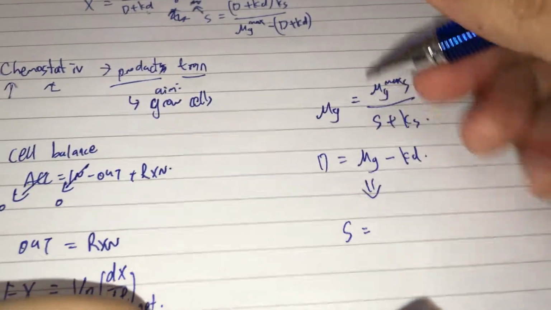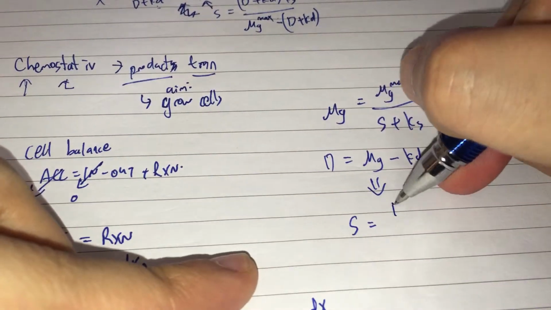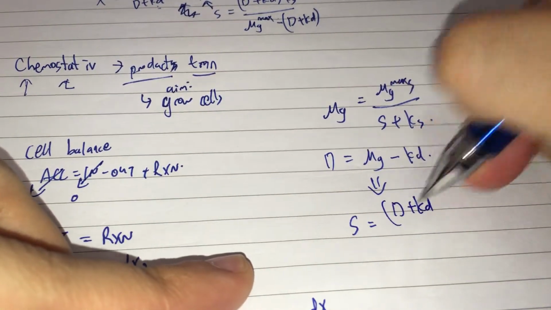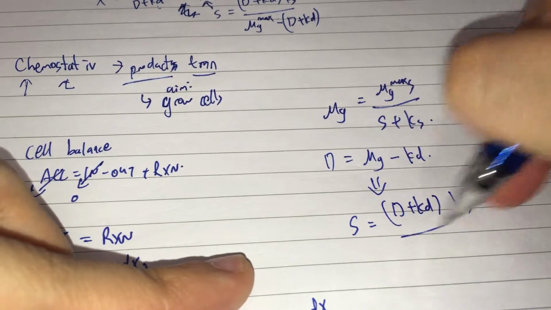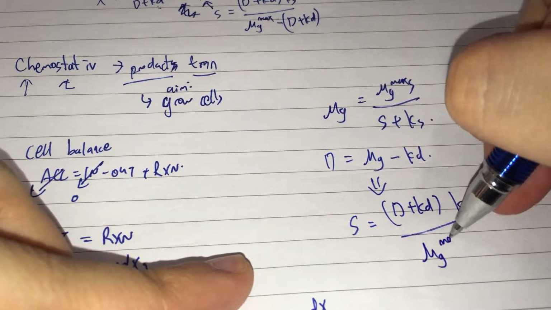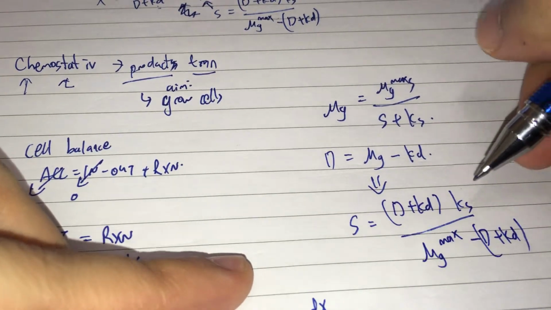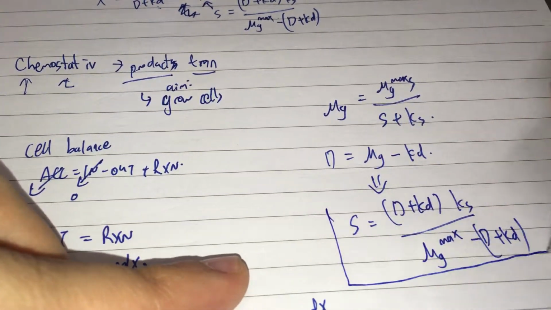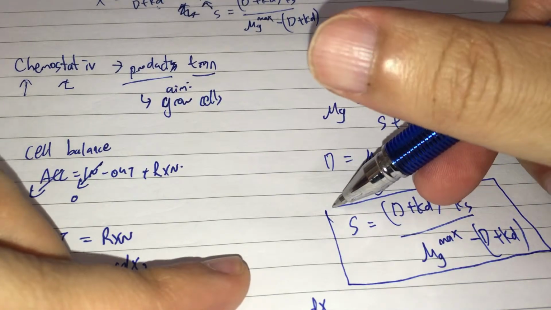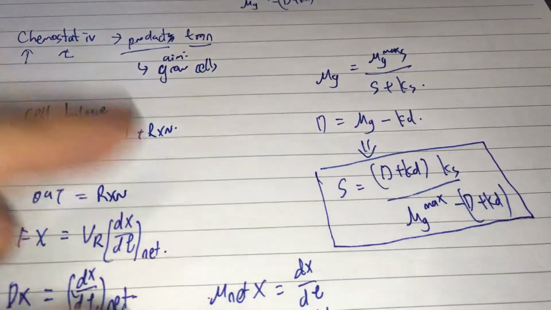The steady state value of the substrate can still be expressed in this manner, from our cell balance and the Monod kinetics.